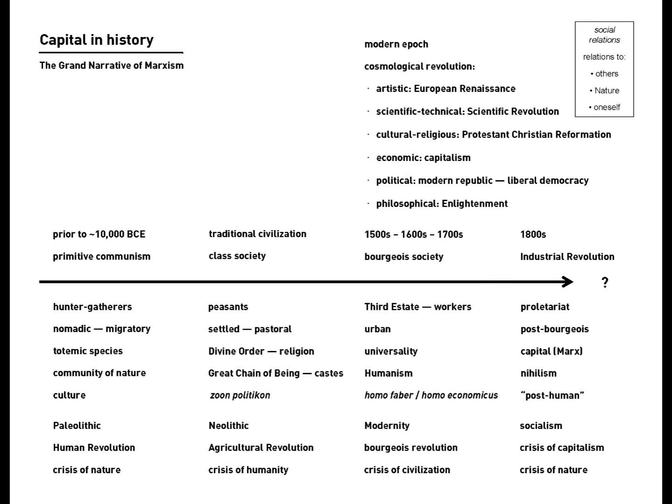Before bourgeois society, traditional civilization, organized according to religion, how would one relate to others? Through a religious cosmology, through a practical moral system of how to relate to other divine creations. In traditional civilization, it's through a divine order in a great chain of being, as they referred to it in Christian theology in the Middle Ages.